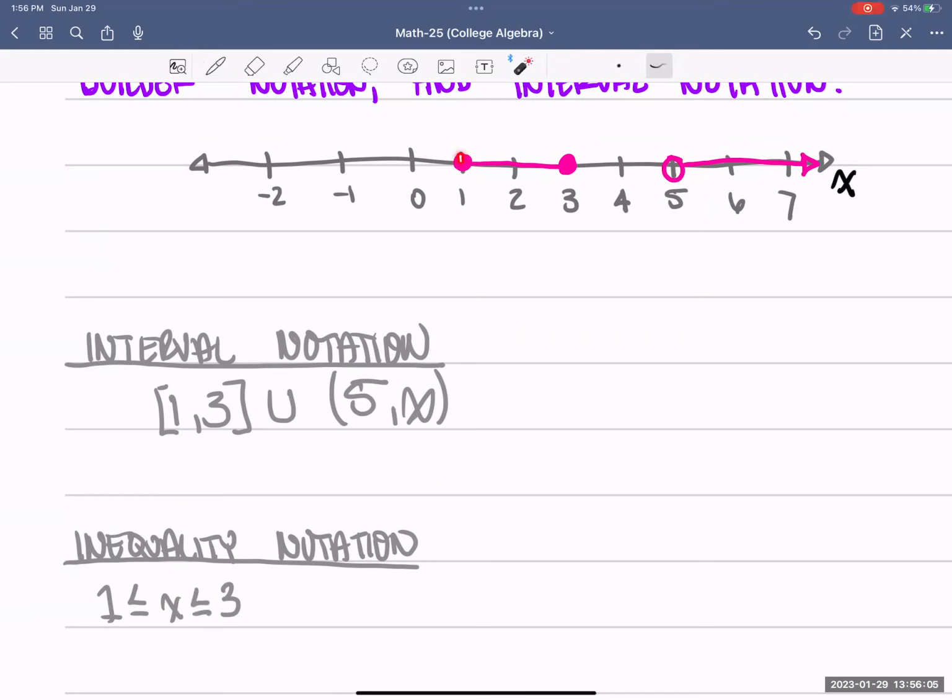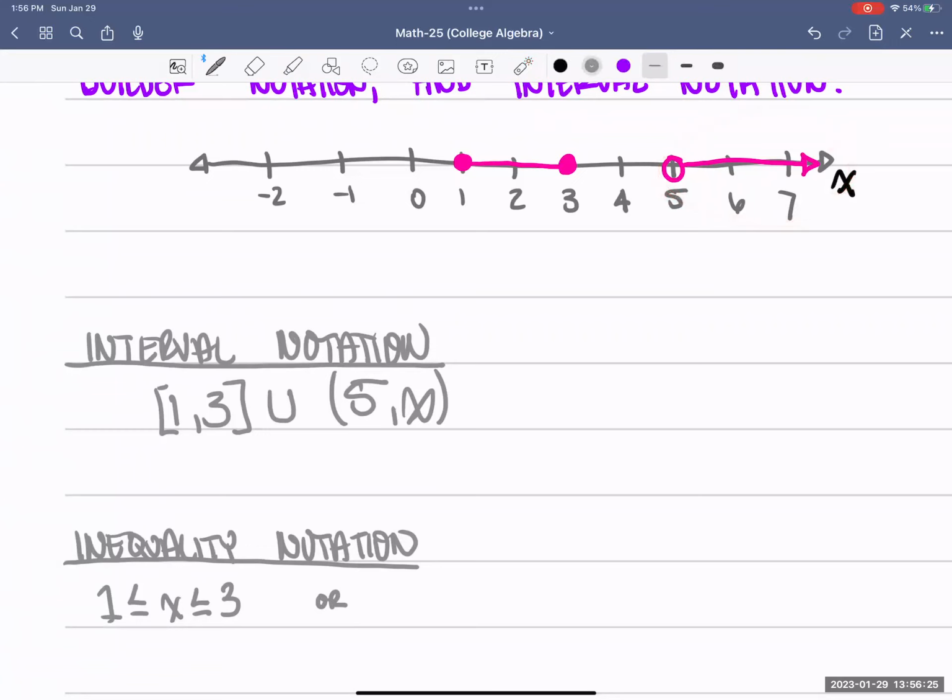Remember, because it is a closed circle, we're going to use that equal to part of our inequalities. And same thing over here. So all of those numbers are part of the set, or we have this other part of the set right here too.